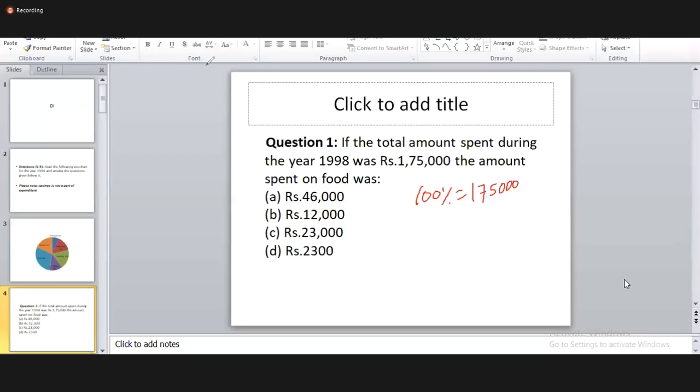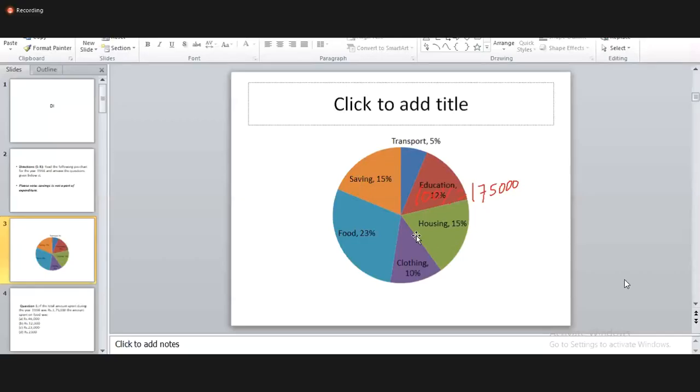First you need to understand, you have to add everything. Are you able to get 100 if you add everything? Okay. So now tell me, you need food, no? 100% is 1 lakh 75,000.